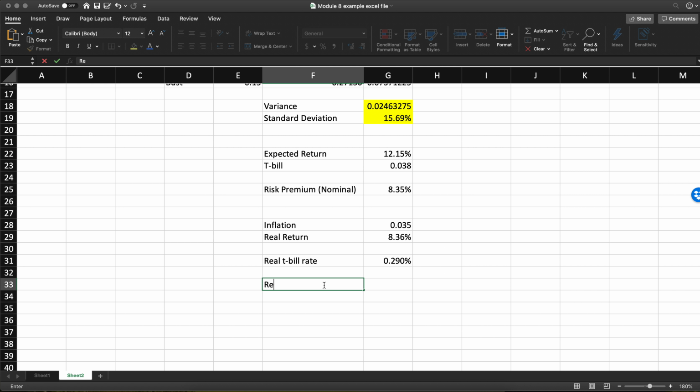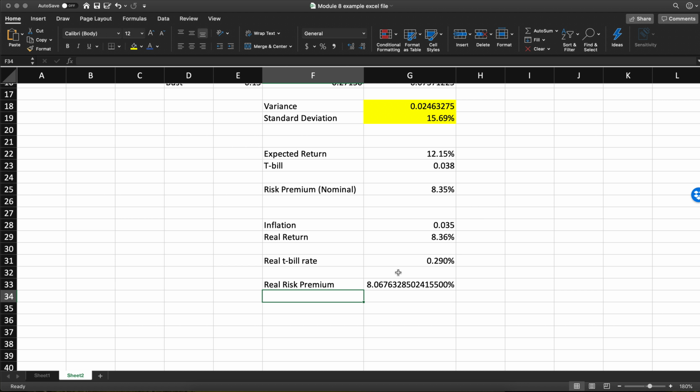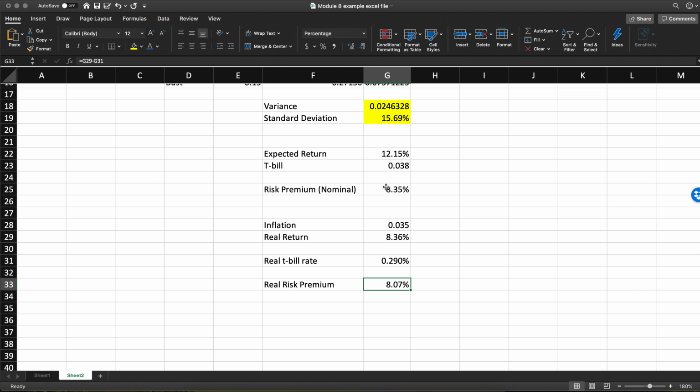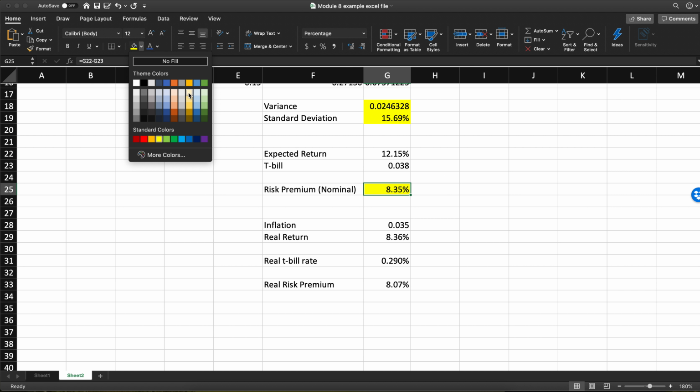So that means the real risk premium is going to be the real rate of return minus the real T-bill rate, and I'm going to get rid of all of those decimal places. That was weird. Let's pick a different color.